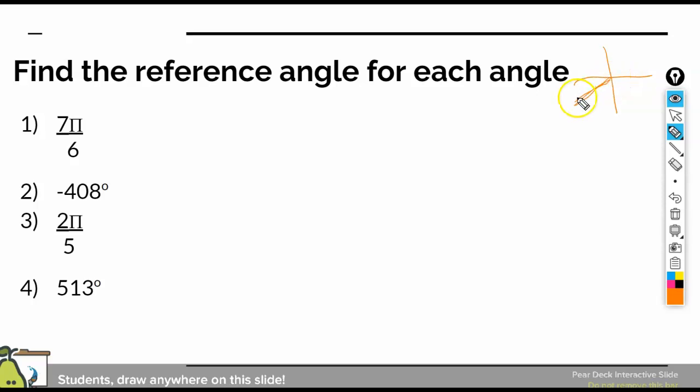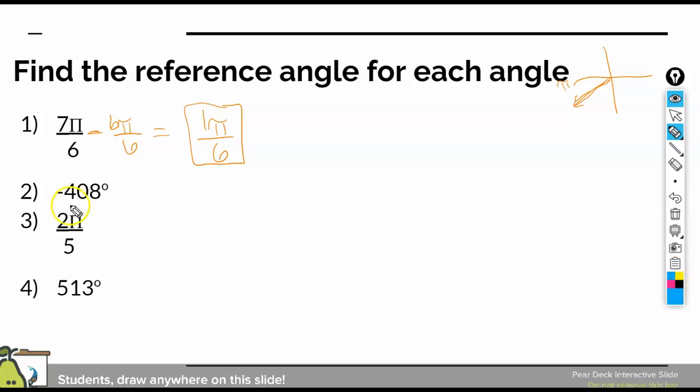And I know that if something is over here, I just need to subtract pi from it to figure out what its reference angle is. So I'm going to subtract pi, but I've got to find a common denominator. So I'm just going to put 6 over 6 there. And 7 pi over 6 minus 6 pi over 6 is just going to be 1 pi over 6. So that's going to be the reference angle for this one.